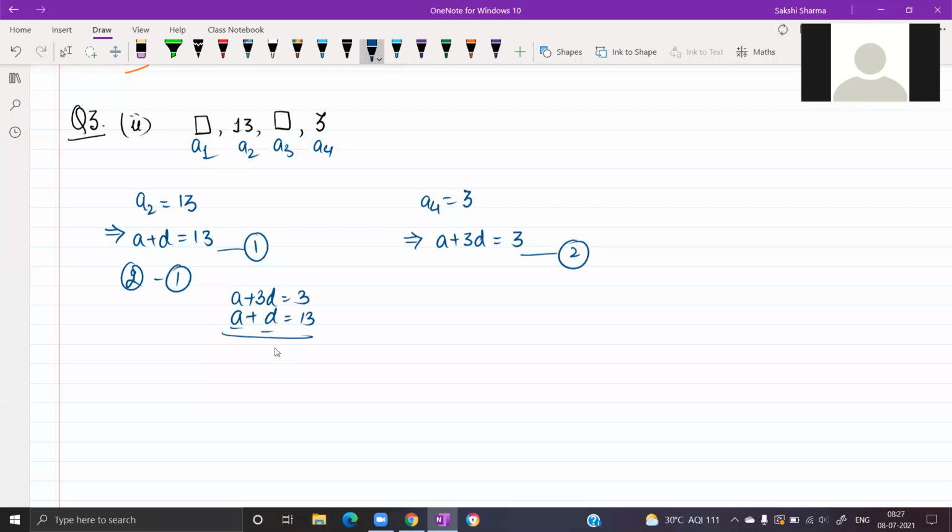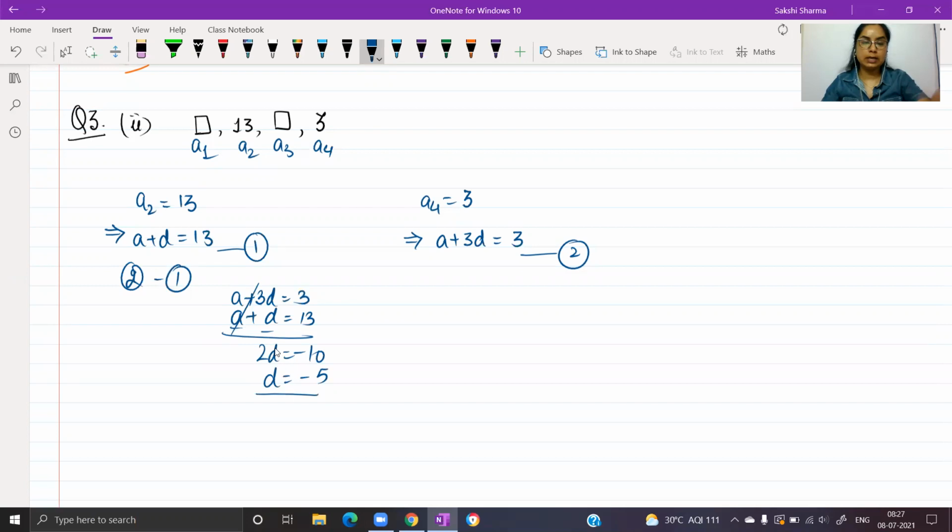D equals -5. And use the value of D in either of the equations to find out A. The value of A comes out to be 18.